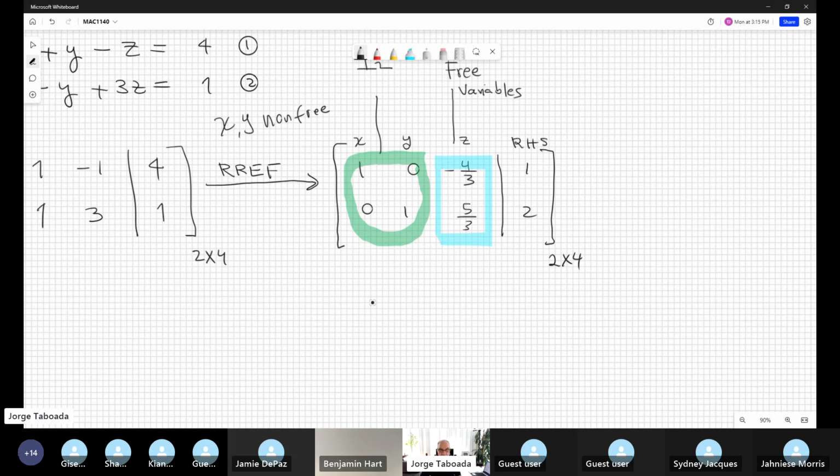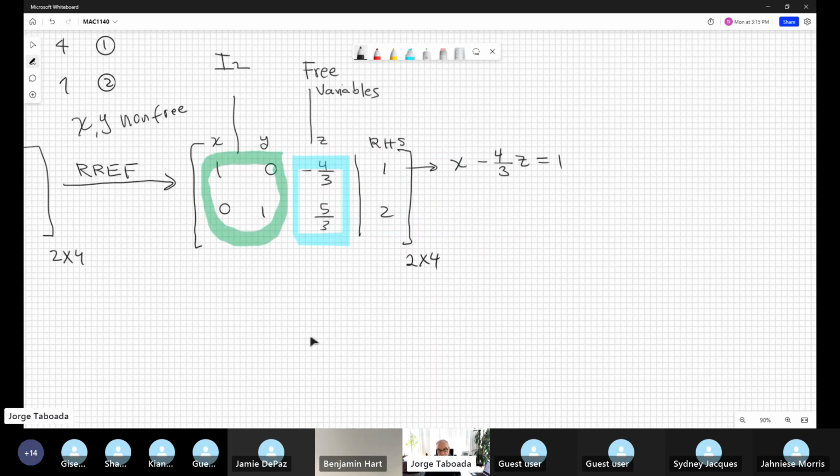Looking at the first equation, you have x minus 4 over 3z equal to 1. This is the formula that states the relationship between x and z. You isolate the non-free variable: x equals 1 plus 4 over 3z.